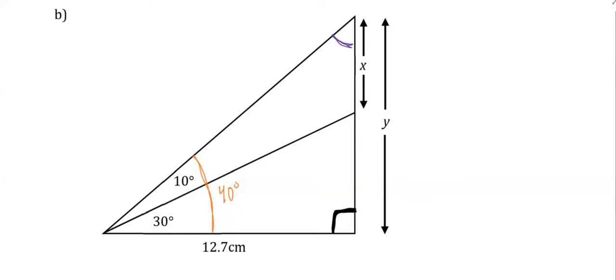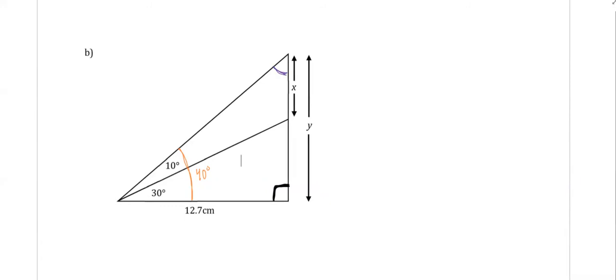Would you find the y? Can we find y? Yeah. How come you think we can find y? Right, because now we have this angle 40, which is in the big triangle. And in fact, just in case anybody doesn't quite see it, some of us are very visual and some of us are not, I'm going to redraw this triangle. Sometimes it's really helpful to redraw just one of the triangles off to the side and label it.